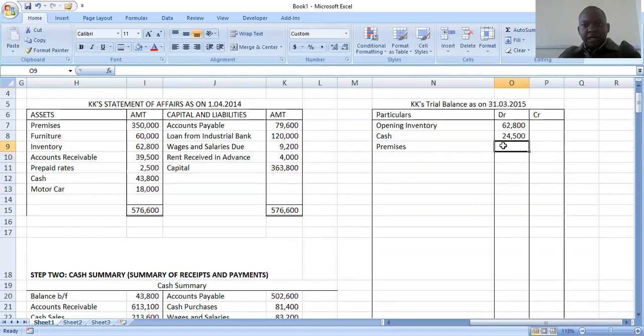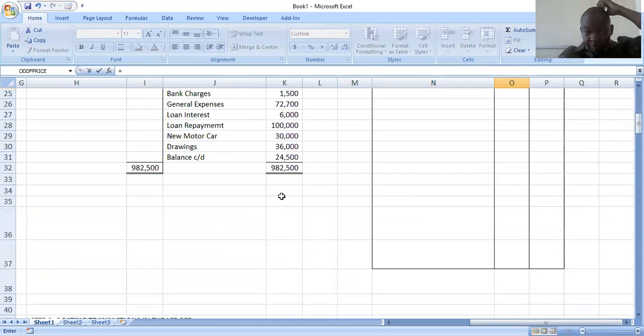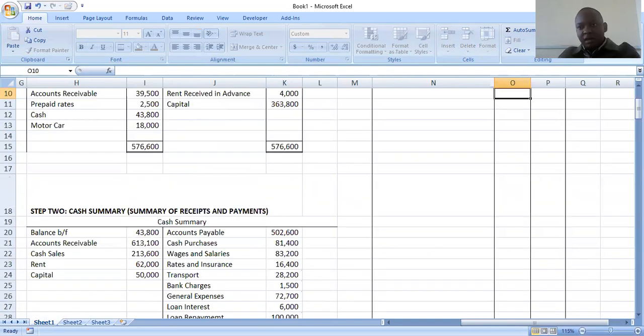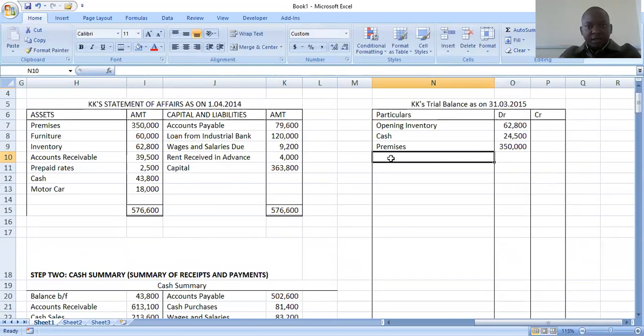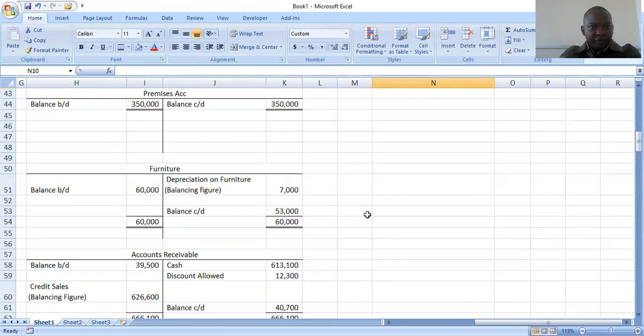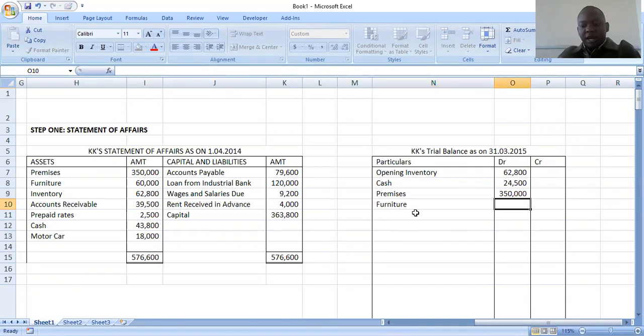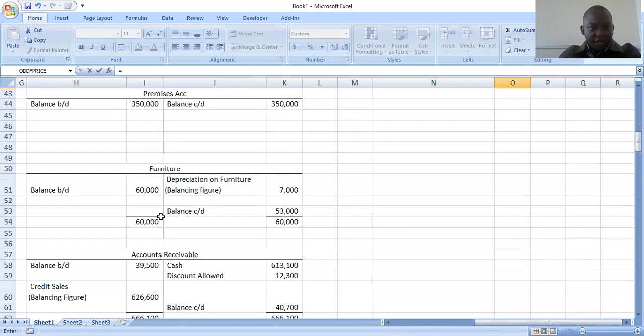Premises is an asset, and assets always have a debit balance, and what you have here in the premises account is a debit balance of 350,000 shillings. Then the other account we have after premises is furniture, whose balance carried down should also be a debit balance because it's an asset. That is 5,300.